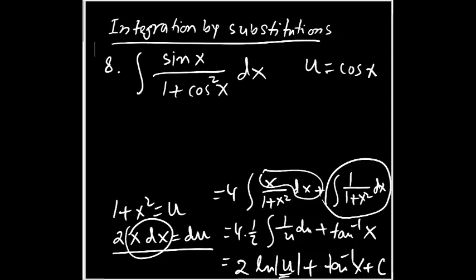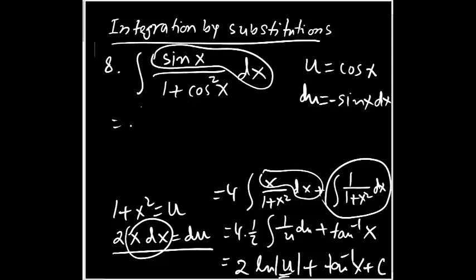So if you say u equals cosine x, then du will be negative sine x dx, and that helps me here, see that? Sine x dx. So then I'm getting negative 1 over 1 plus u squared du. Do you see that?